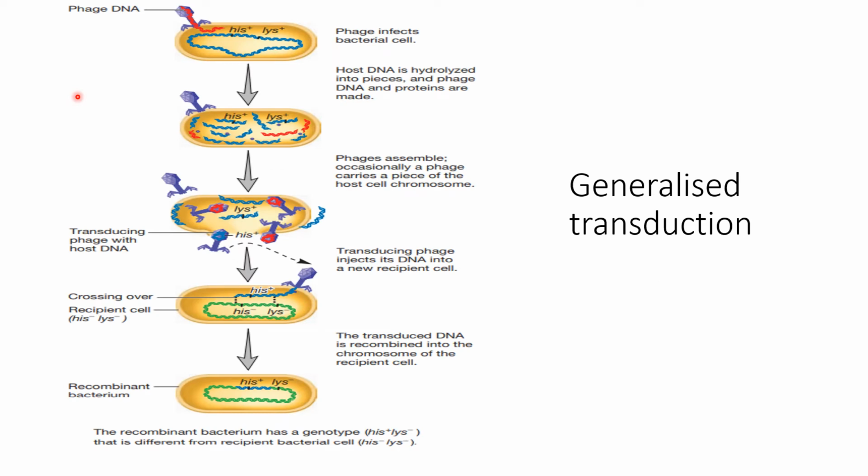So whatever I have said in the previous two slides has been shown in a diagrammatic way here. Just observe this. The phage has come and bound on the surface of the bacterial cell. Just for understanding, let us see these two genes here. In the bacterial DNA, we have the his gene and also the lys gene.